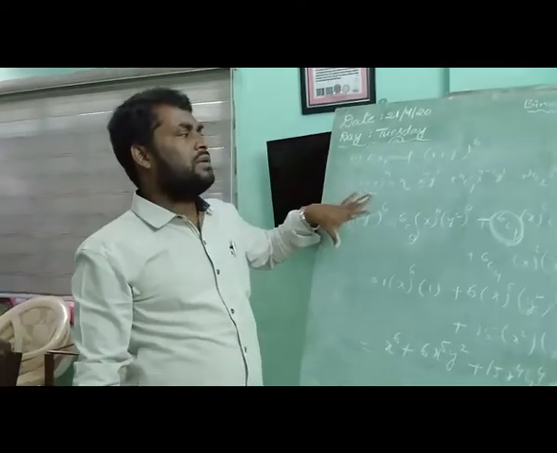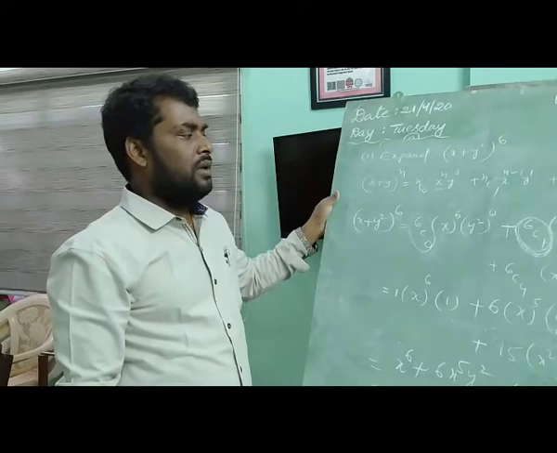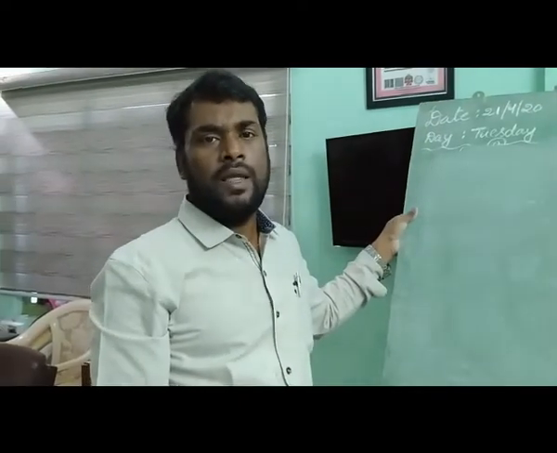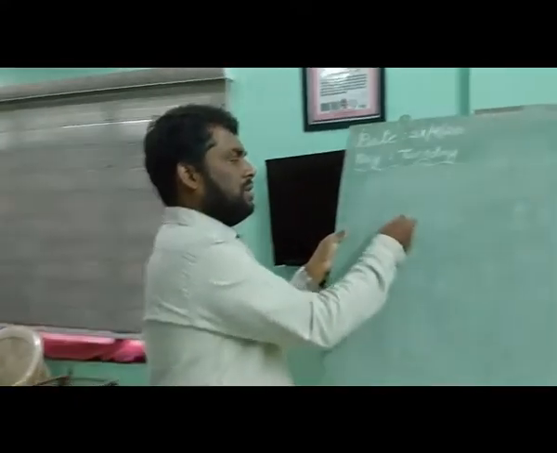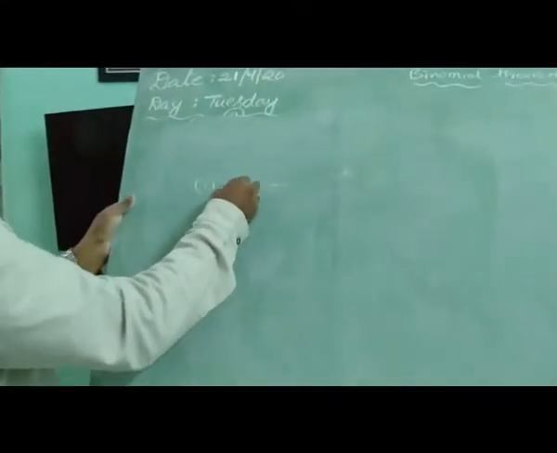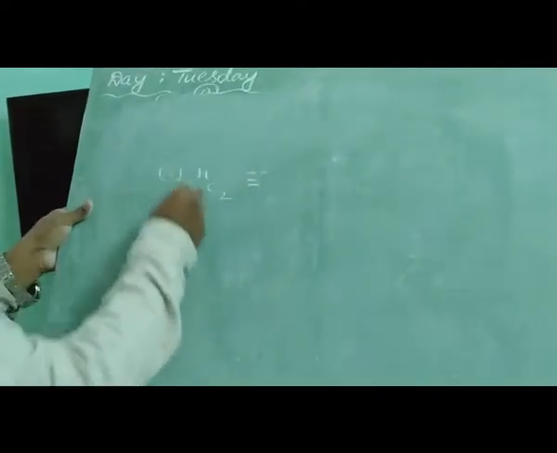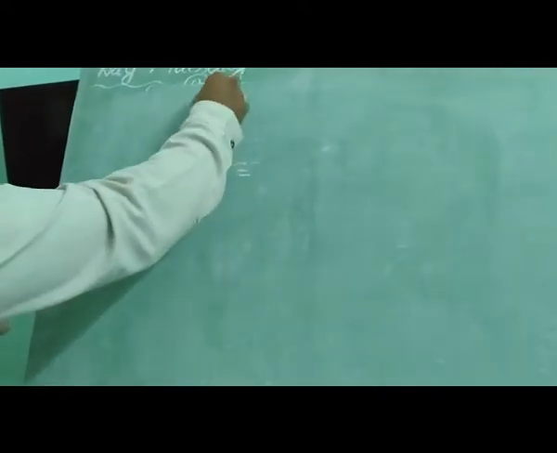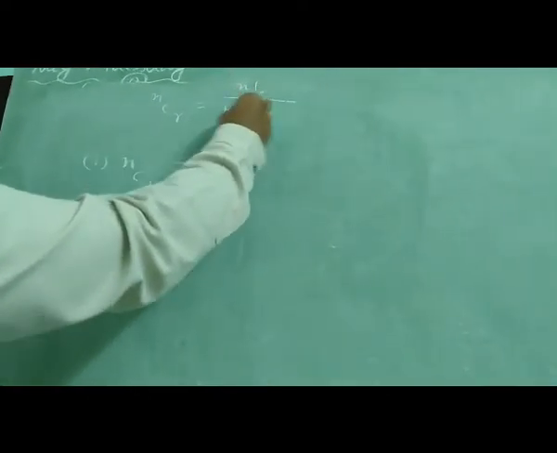If you want to find individual terms, then you can use the general term, the r plus 1th term. Okay, coefficients, I want to say one more shortcut. Suppose you want to find nC2, what is the meaning of nC2? We can find the value of nC2 by using the formula nCr equals n factorial by n minus r factorial into r factorial.